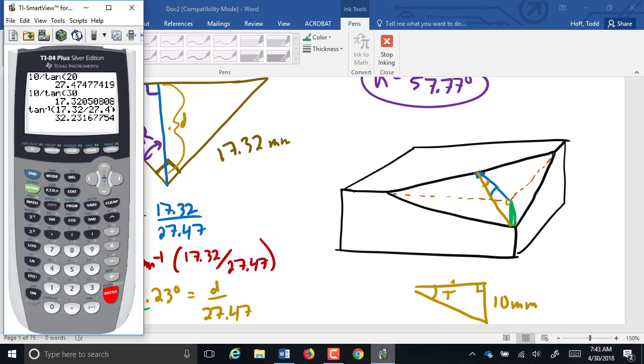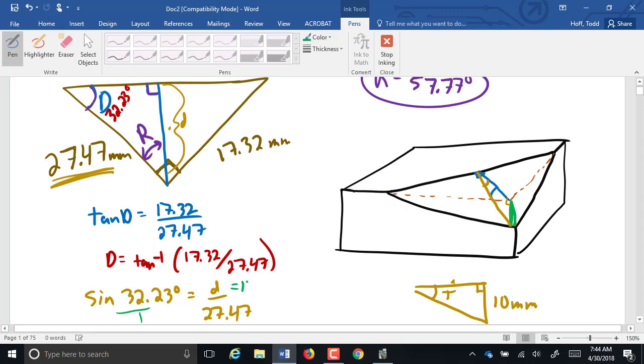Sine 32.23 times 27.47 divided by 1 is 14.65. So that's 14.65 from here to here. So that's 14.65 right here.